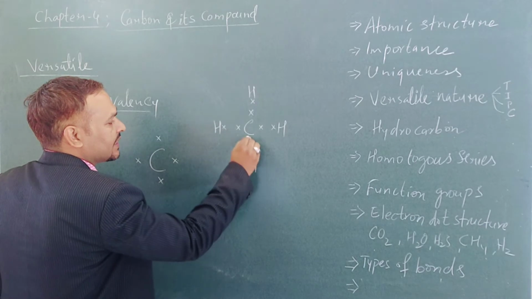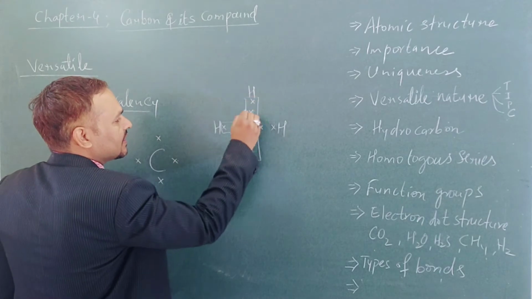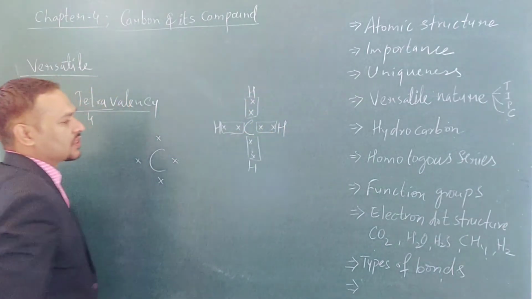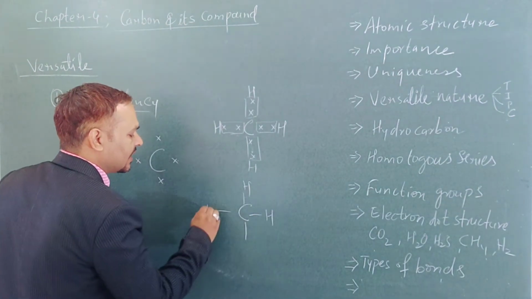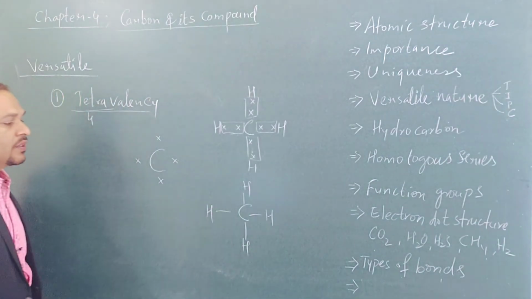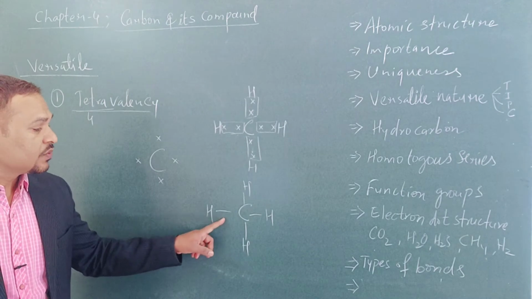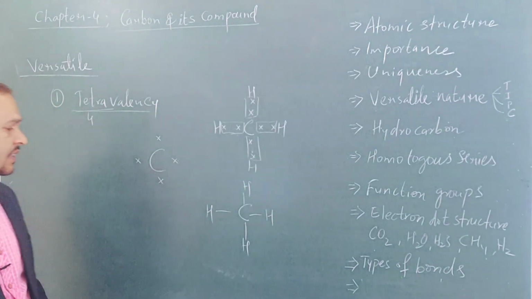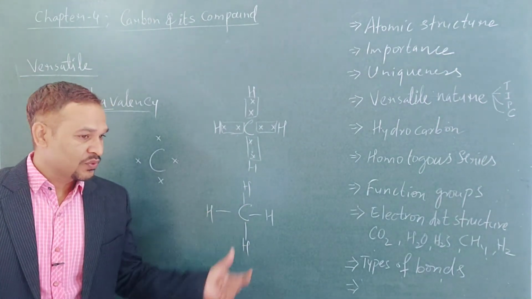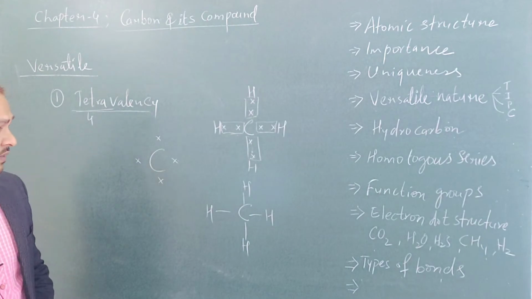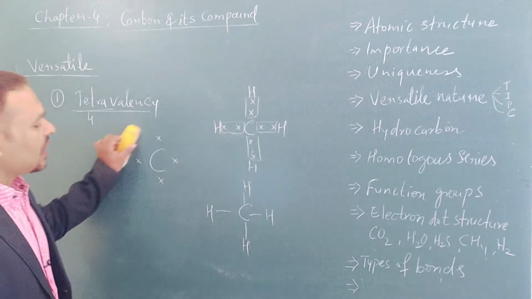So with hydrogen it can form 4 bonds after sharing each electron with each hydrogen. हर एक हाइड्रोजन से 4 इलेक्ट्रॉन को शेयर करके ये 4 अलग अलग बॉन्ड बना लेगा and this bond will be a covalent bond, means it is formed by the sharing of electrons, right? Not only hydrogen, with the 4 valency it can attach with 4 different groups. So this is the tetravalent nature of carbon.